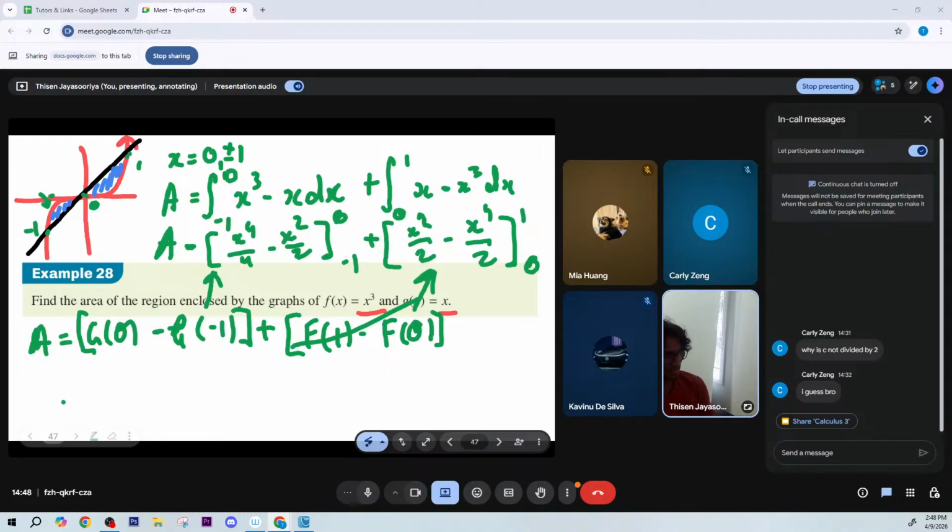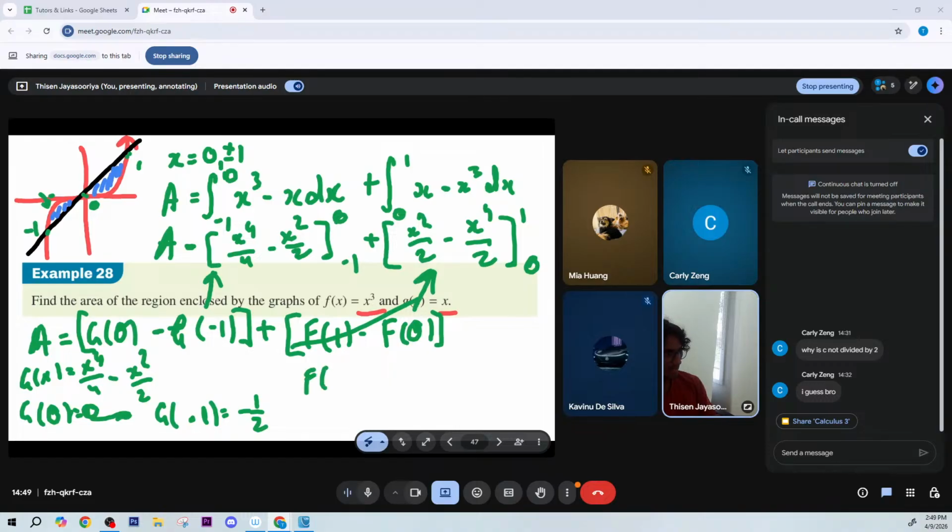Yeah? So then if I do g of x equals x to the 4th over 4, take away x squared over 2, we get here g of 0 is just 0, and g of -1 equals -1/2, right?